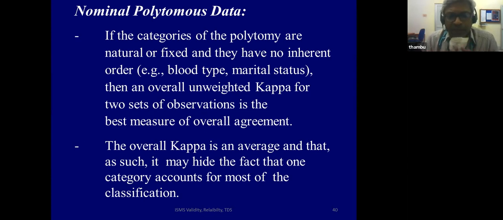The overall kappa is an average, and as such may hide the fact that one category accounts for most of the classification. So that's another important thing: if mostly A blood group, the two raters will obviously agree with each other. They might have disagreed in the other blood groups, but the average kappa may hide that because one group accounts for much of the data.